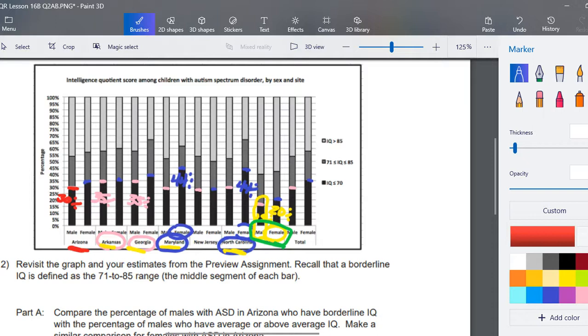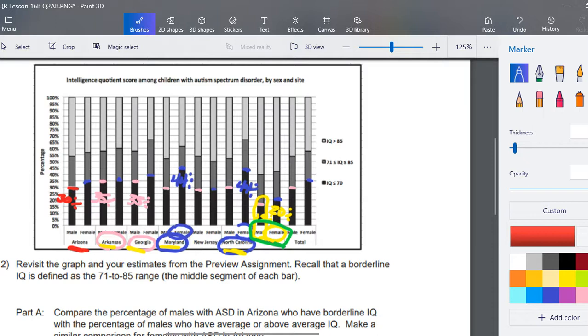So maybe a better statement could be, in Arizona, about 32% of the boys diagnosed with ASD have intellectual disabilities. Not all of the boys, just out of the boys diagnosed with ASD, about 32% have intellectual disabilities.